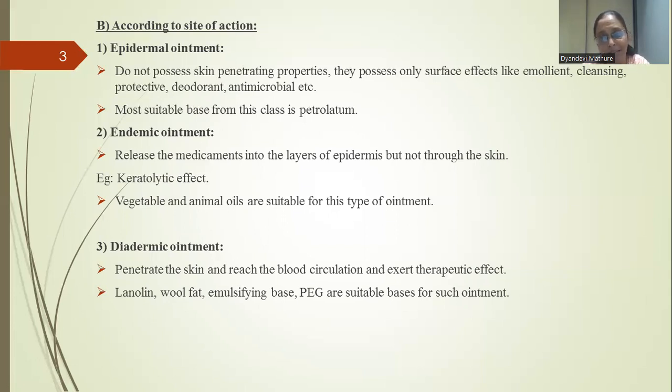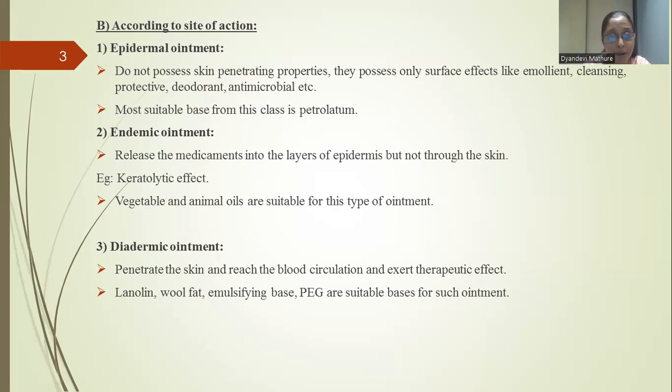For example, if you want your skin to be protected from sun rays or UV rays, the ointments which we use are called epidermic ointments, because they are not responsible for penetration into the skin, they only produce the surface effect.